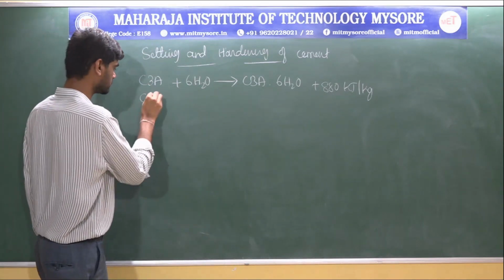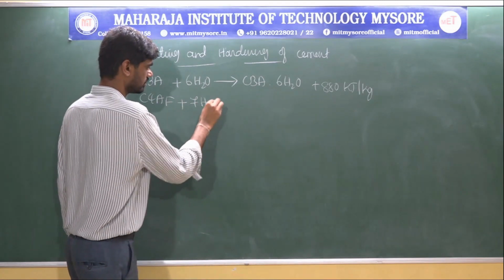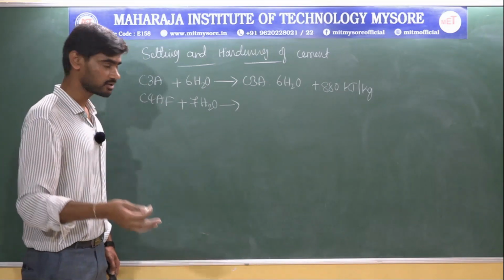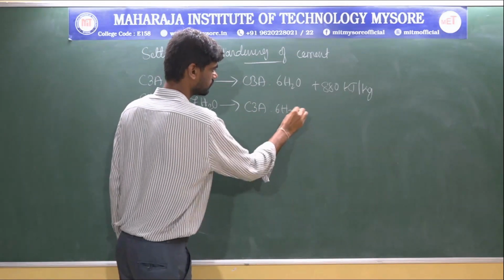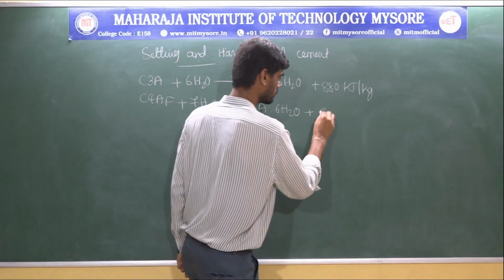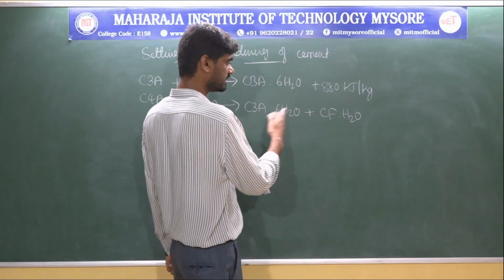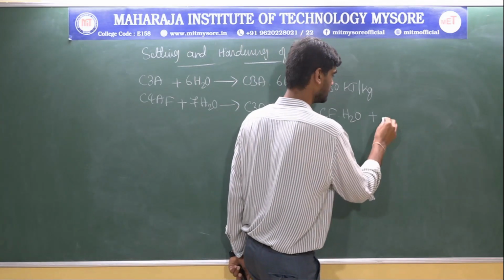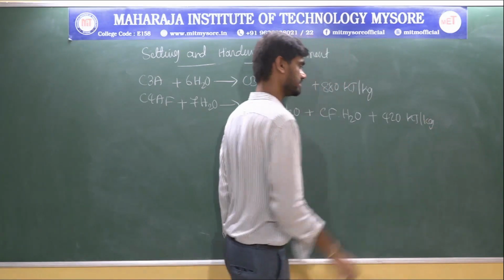When it comes to the hydration of C4AF, on hydrolysis, C4AF again gets hydrolyzed into C3A·6H2O. In addition to this, it also generates CFH2. In addition to these hydrolyzed compounds, this generates heat energy of about 420 kilojoules per kg.